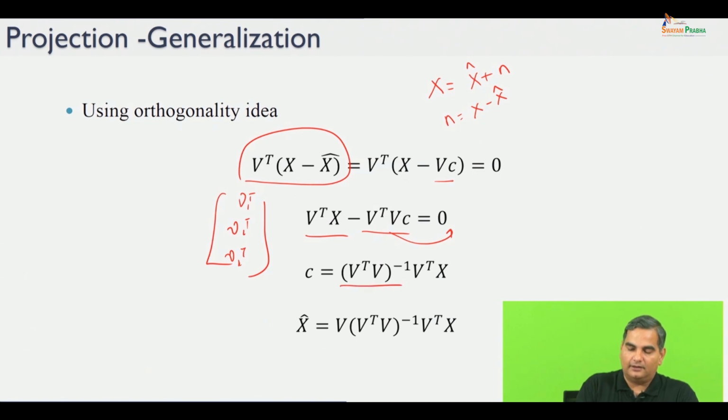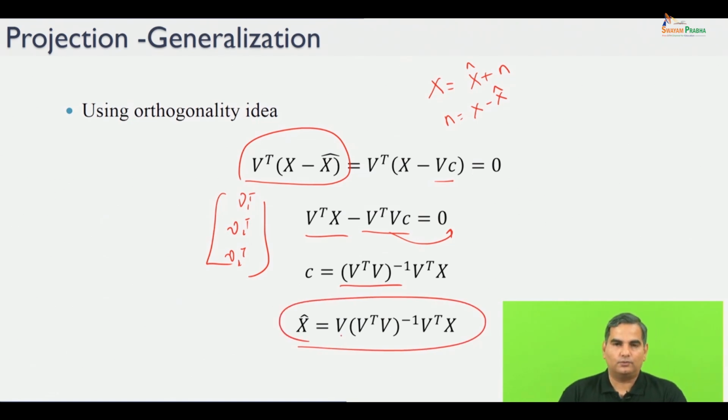In this case, I will be guaranteed to have an inverse for V transpose V if the columns of V are linearly independent, and the fact that we have chosen these basis vectors as linearly independent already assures us of that. So this inverse is something that exists. Once we calculate this C, we know x hat is V times C, so I simply plug this C back in and I get the expression for projection. So this is how you do projection onto general directions.